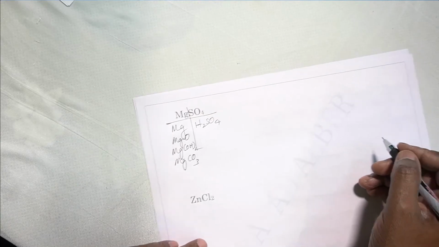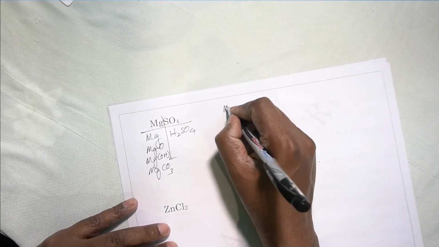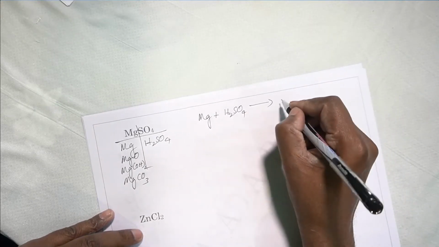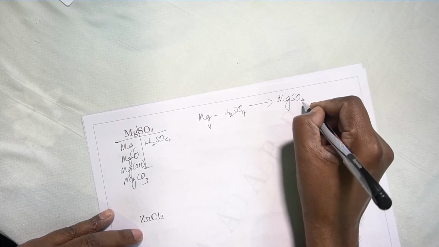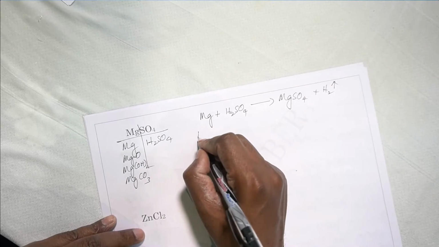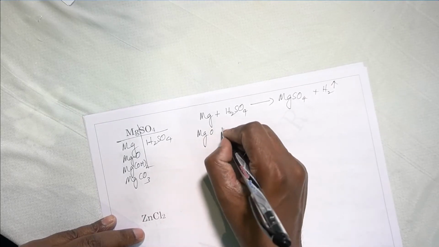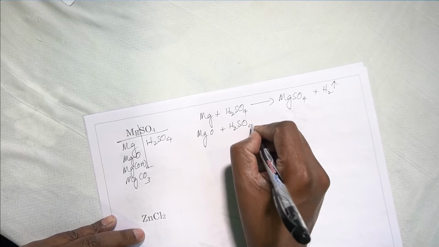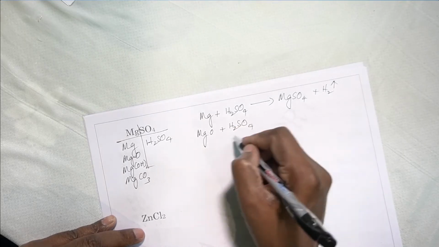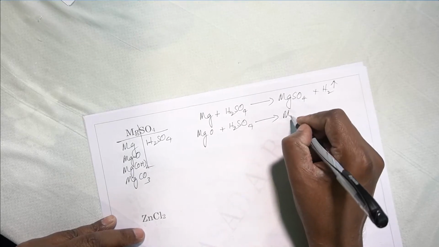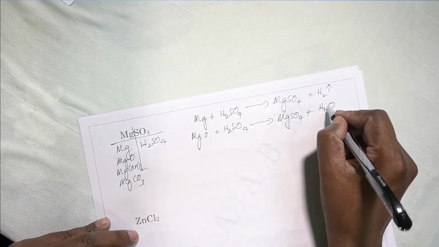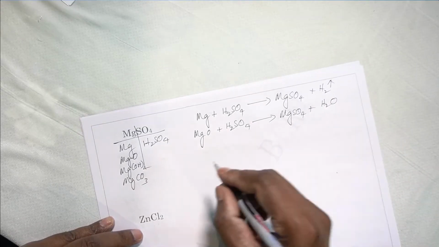So we have the first reaction: Mg plus H2SO4 will give you MgSO4 plus hydrogen gas evolved. Then the next one, metal oxide plus sulfuric acid. Sulfuric acid is dibasic, 2 hydrogen, so 1 magnesium, 2 hydrogen, it balances easily. So MgSO4 plus H2O, water, because metal oxide is a base plus acid.